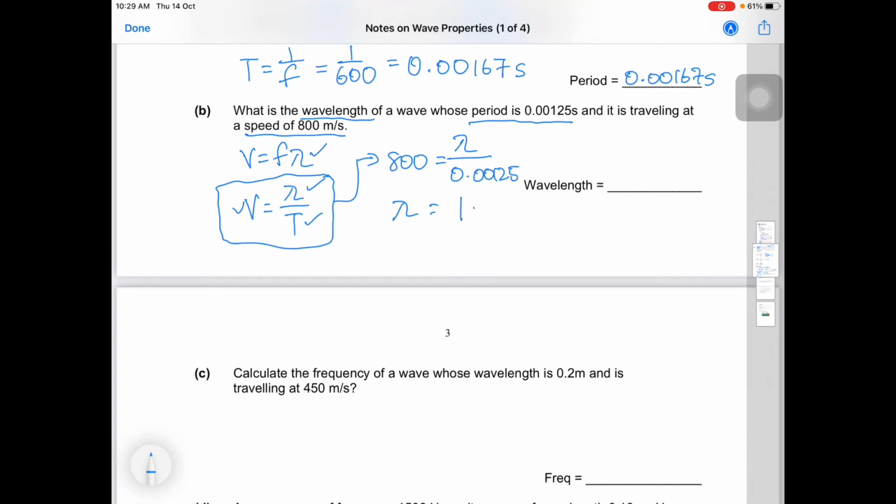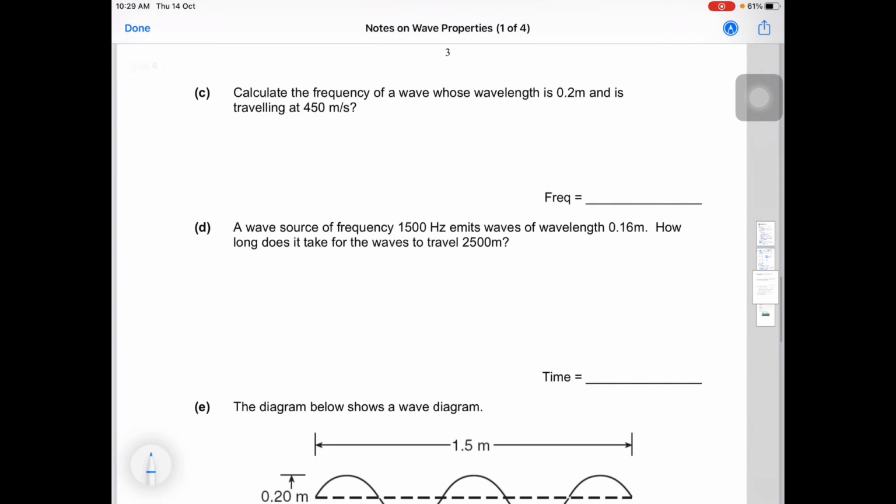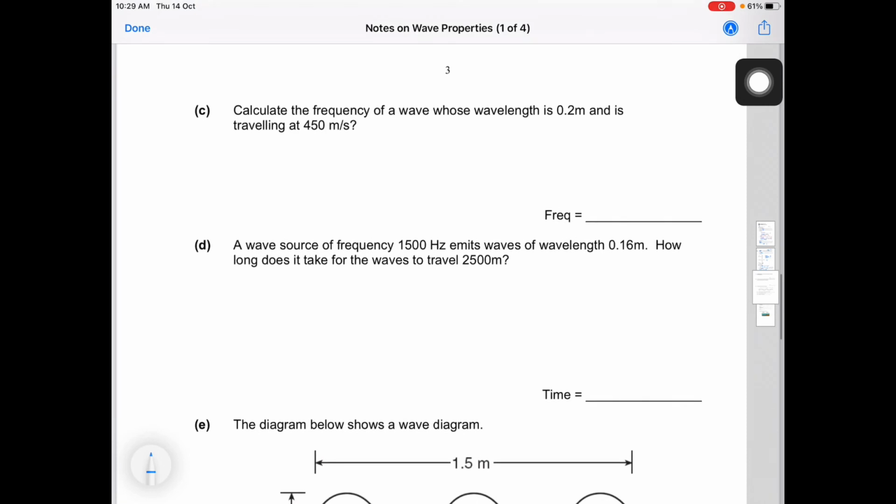Wavelength is measured in meters. So you get 1 meter. Now, I have done part A and B for you. Right now, I want you to try doing part C and D on your own. So pause the video here and do part C and part D on your own right now. And if you've completed and you're confident of your answer, press play again.